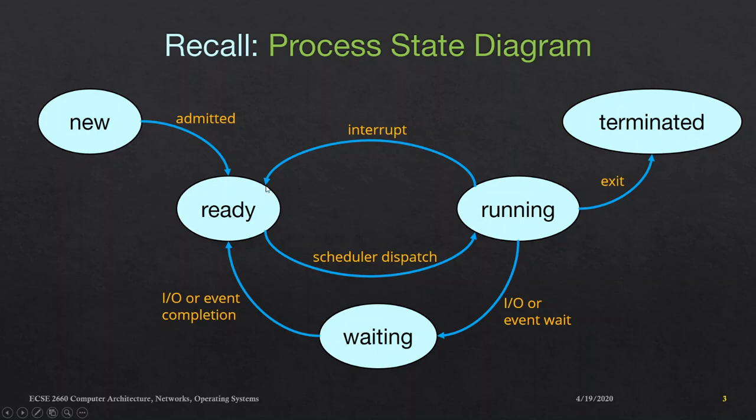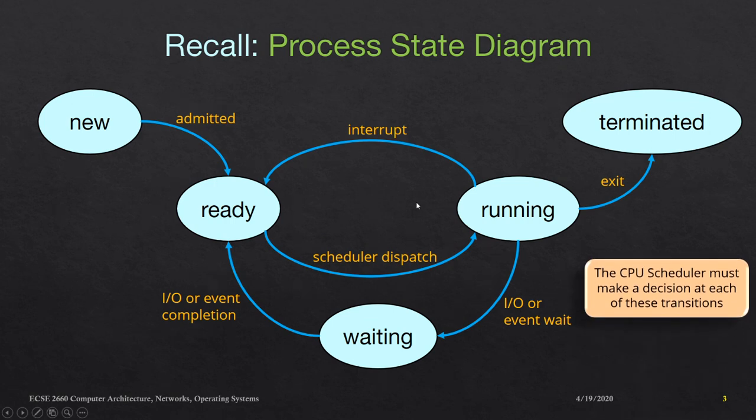So for all of these transitions from one state to the other, we have to make sure that the CPU scheduler makes good decisions, because the CPU scheduler is making a decision each time there is a transition from one state to the other. So we'll take a look at some algorithms for CPU scheduling that allow us to make good decisions, and we'll see what we base those decisions on.